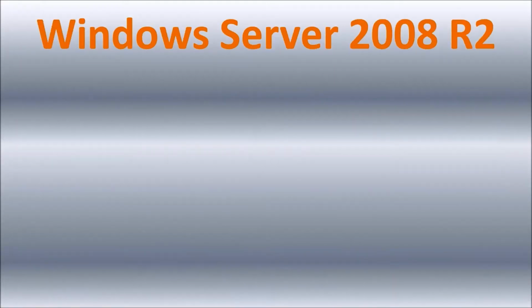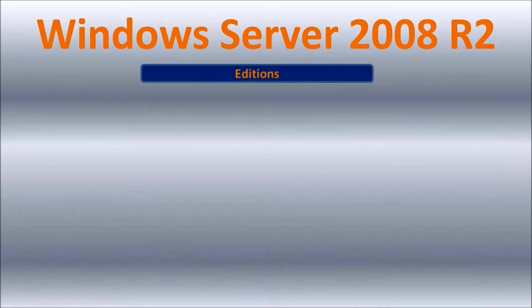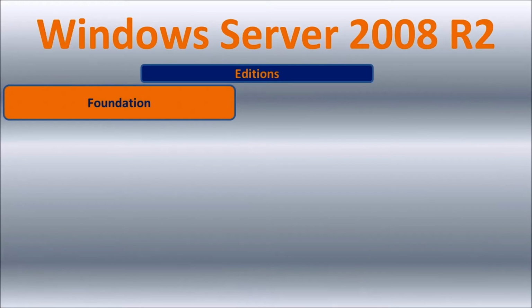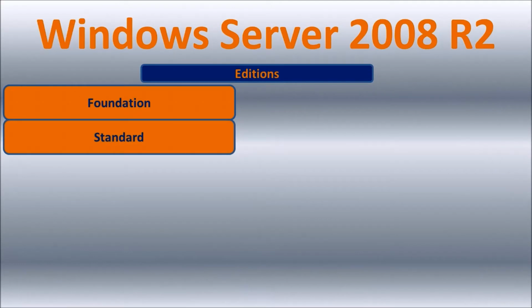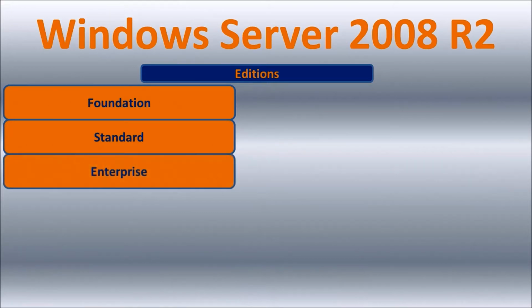Windows 2008 R2 comes in several editions or flavors, if you will. Starting with Foundation, this is the nuts and bolts, made for really small shops, that kind of thing. The Standard, made for small and medium-sized businesses, cost-effective, doesn't have all the frills that a larger company might need, perfect for a small and medium-sized business. The Enterprise Edition adds the features that a larger business might need in terms of high availability and things like that.